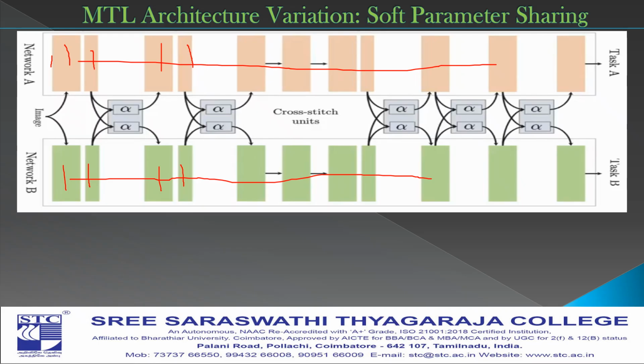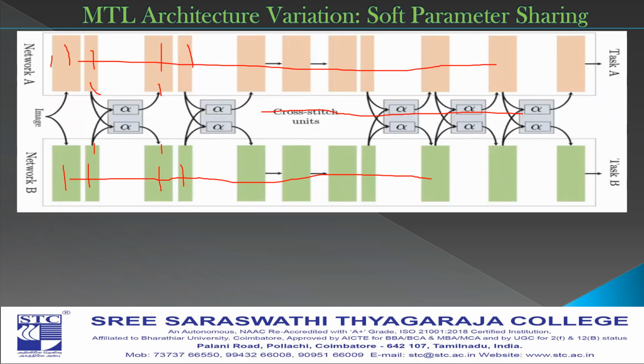This cross stitch unit takes in inputs from one layer from here and also from here, and decides how much of the output from here is passed to either this place or this part of the network, the second network.